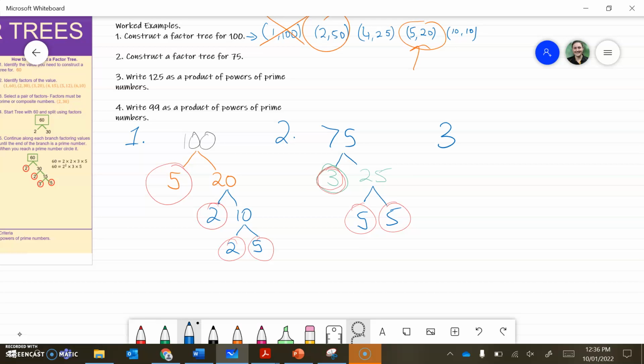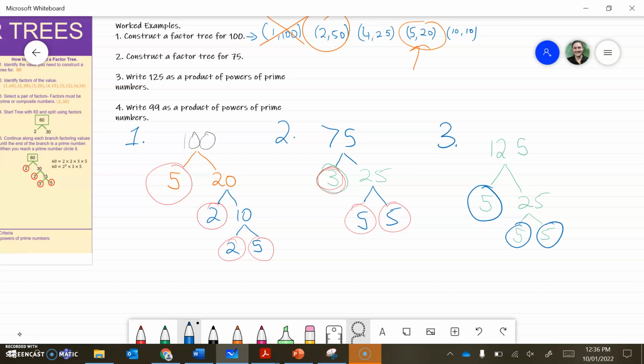Example 3 then wants us to write our value as a product of powers of prime. So I start with my factor tree. I start with 125, and I split that, so I've got 5 times 25 is 125. I circle 5 because that is a prime value. I split 25. 5 times 5 is 25.